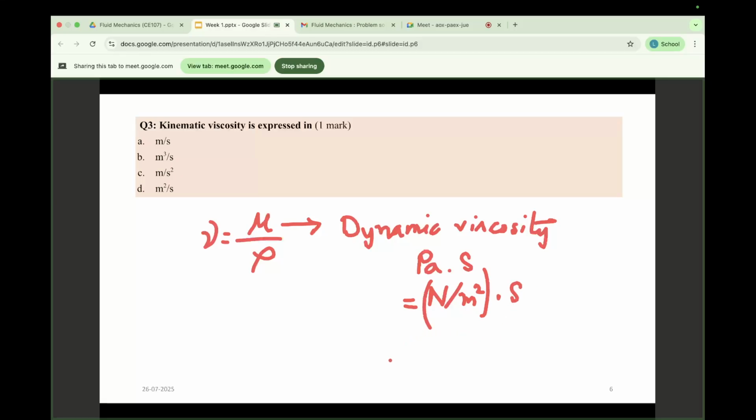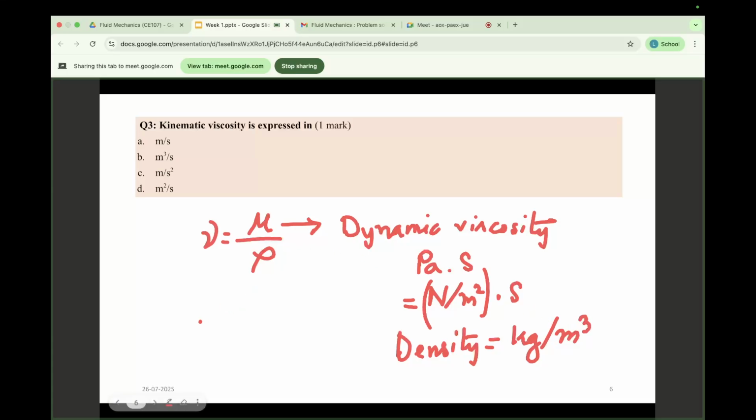Okay, and for density, what is its unit? Density is mass by volume. Mass should be in kg, and volume can be represented in meter cube, right?